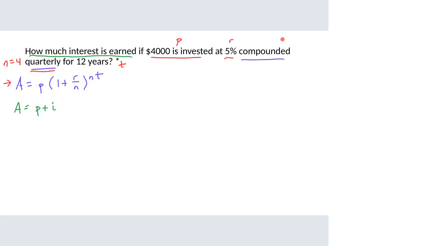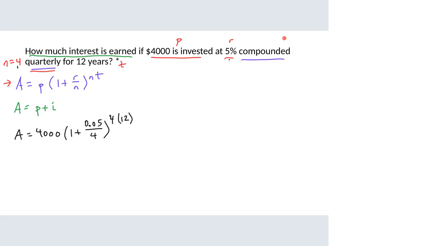So as we plug in, the future value is the principal of 4,000 multiplied by 1 plus the rate, 5% as a decimal, over 4. This time n is 4 because it's compounded quarterly. 4 also goes up here, and the time is 12 years.